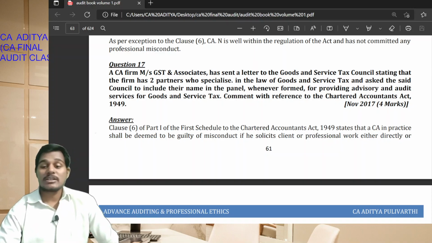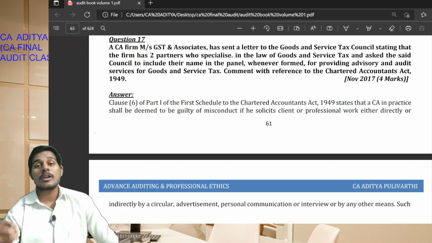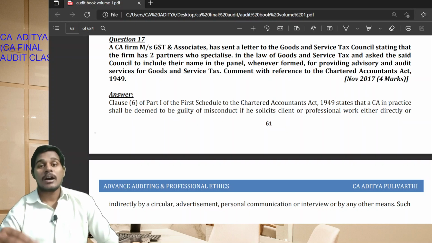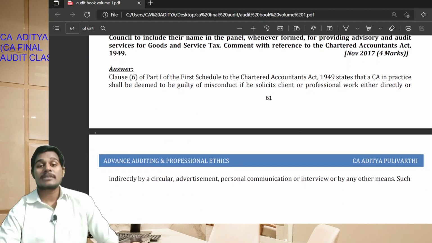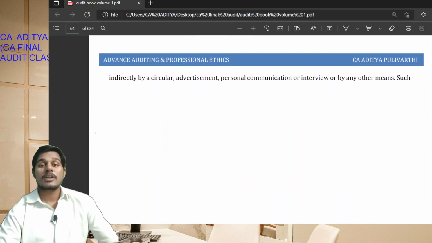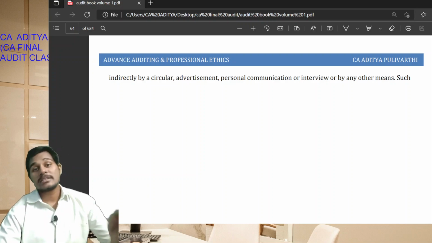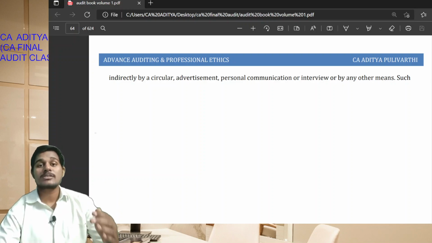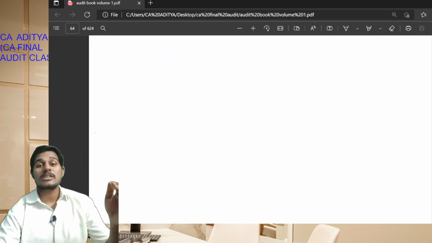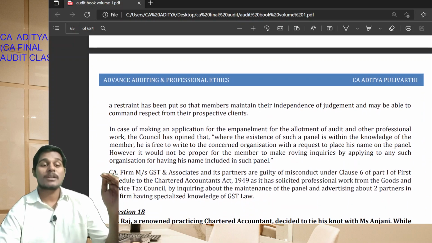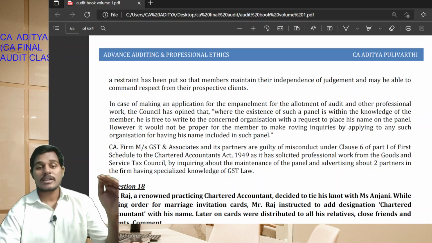See, in the present case also, Mr. GST and Associates do not have any knowledge that there exists any panel to include their names. If there is an existence of a panel, then they should ask to include their names in the panel. Since they do not know whether there is an existence of a panel, in the present case there will be professional misconduct as per clause 1 of the first schedule to the Chartered Accountants Act.